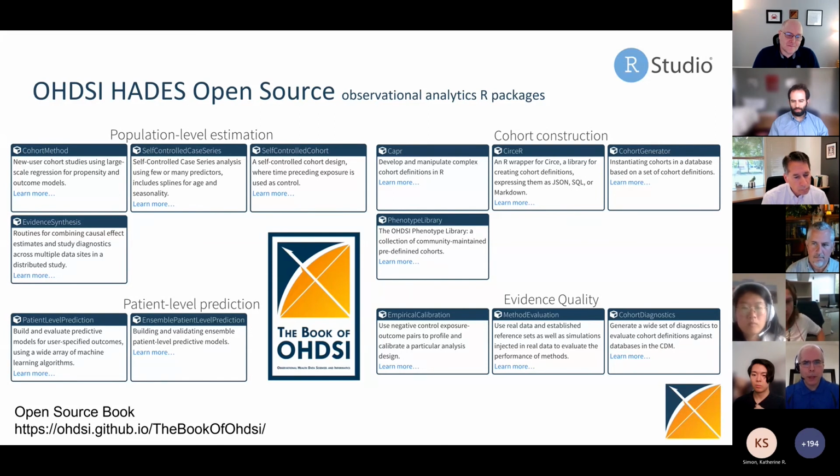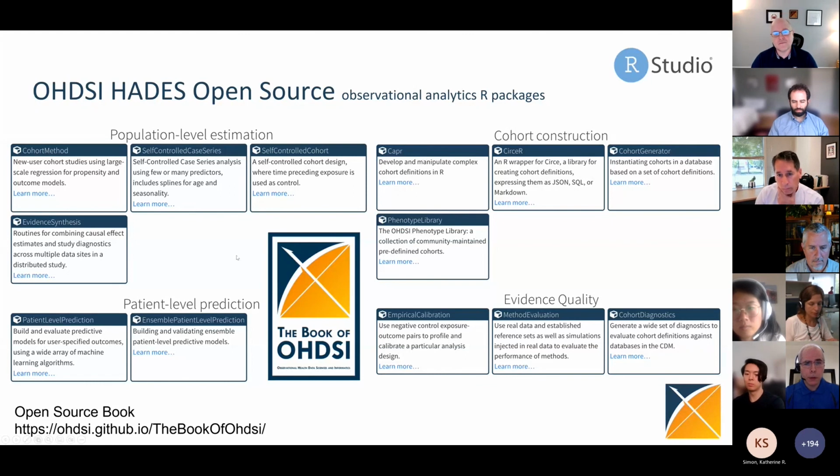There's a whole stack of technology behind these different packages and analytics, and we want to support all of that. It's a very complex, very advanced set of solutions, really. There's a whole book about it. I just wanted to call out there's an open source book, the Book of OHDSI, where you can look into all these analytics packages. Next slide.